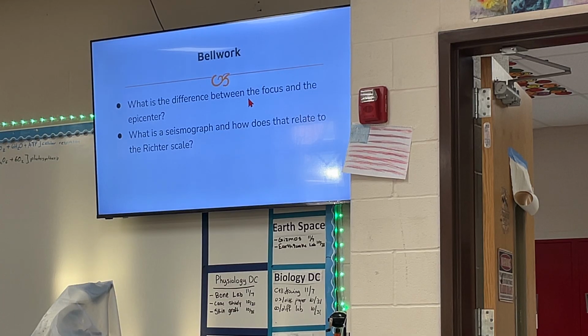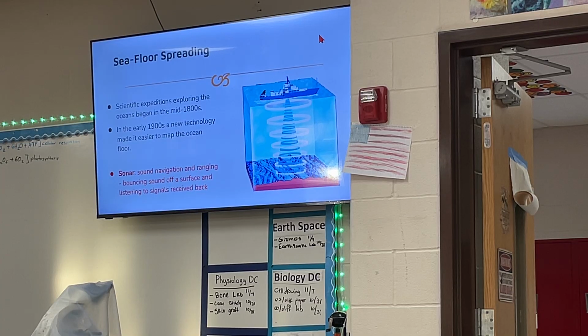more of the energy. All right, so a lot of the plate movement is actually taking place under the ocean. And that's because the actual spreading and the growth is happening under the ocean.